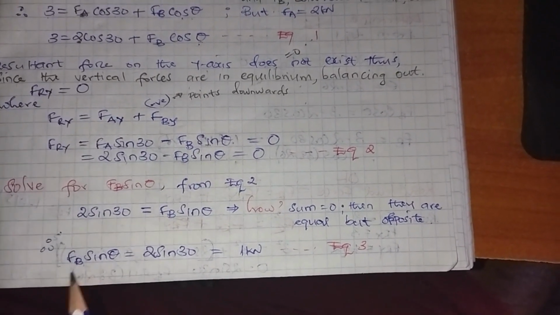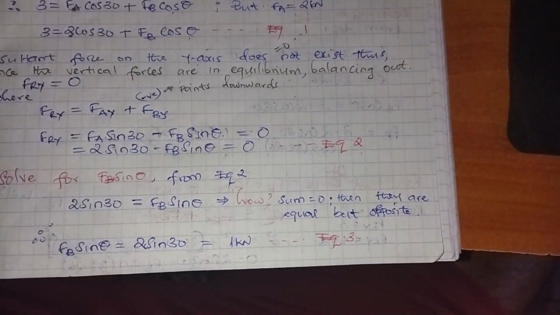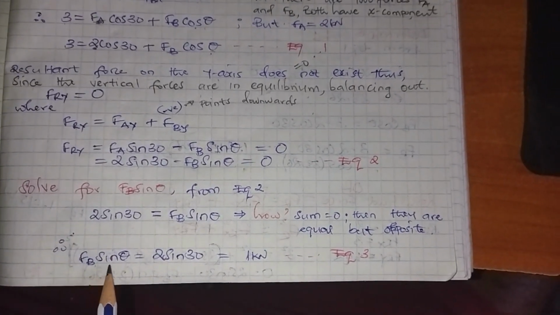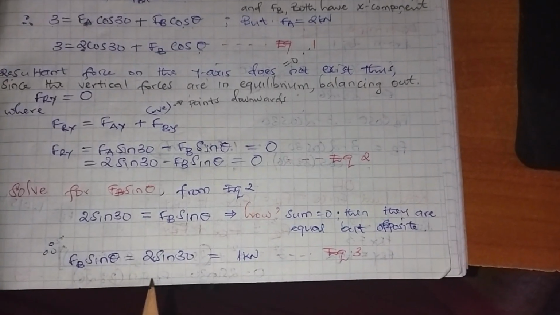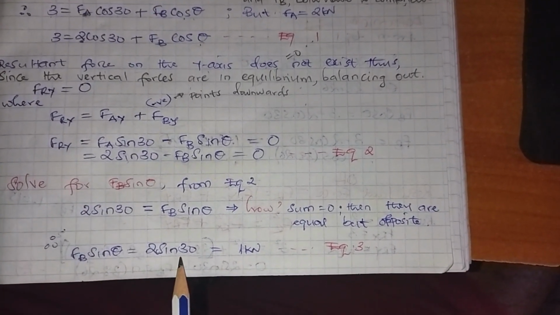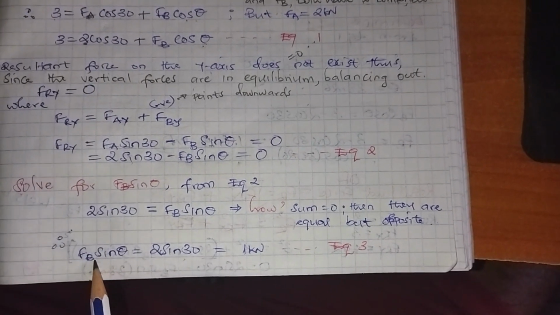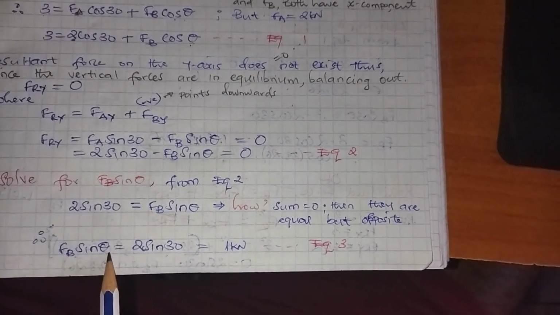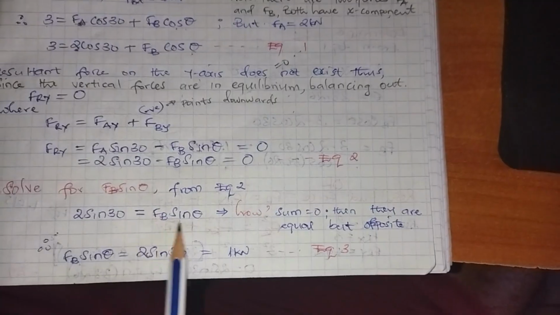So from here we can solve for FB by dividing. We can get FB sine theta, which is this one.